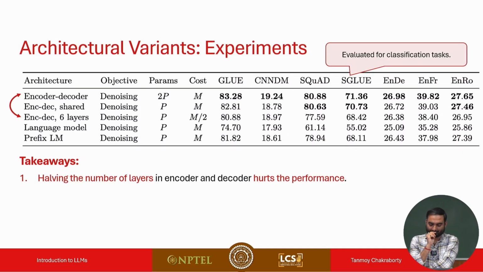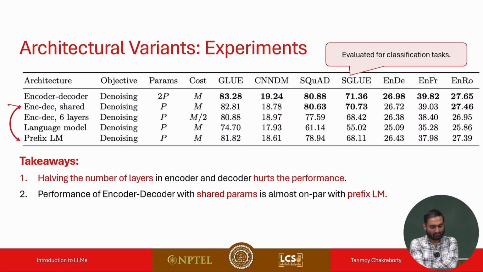The first takeaway is 6 layers versus 12 layers. This is 12 layer. This is 6 layer. The performance drops. So if you make the number of parameters half, it hurts your performance.